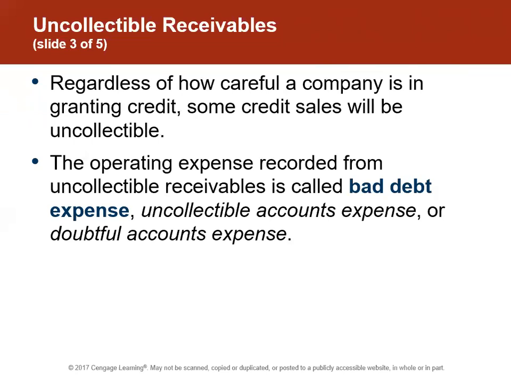So anytime we have to pay an expense, that's coming out of what we have, our net worth. So bad debt expense is just like any other expense account, like rent expense or supplies expense. It's going to increase with the debit. So it's an expense of doing business, basically, that we have these accounts that will go uncollectible.